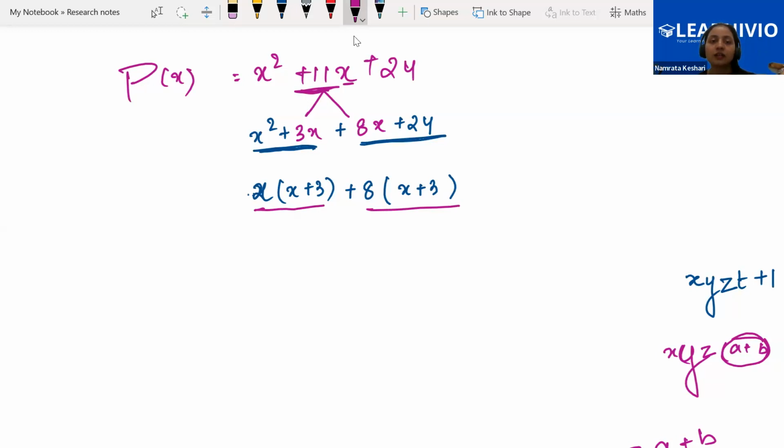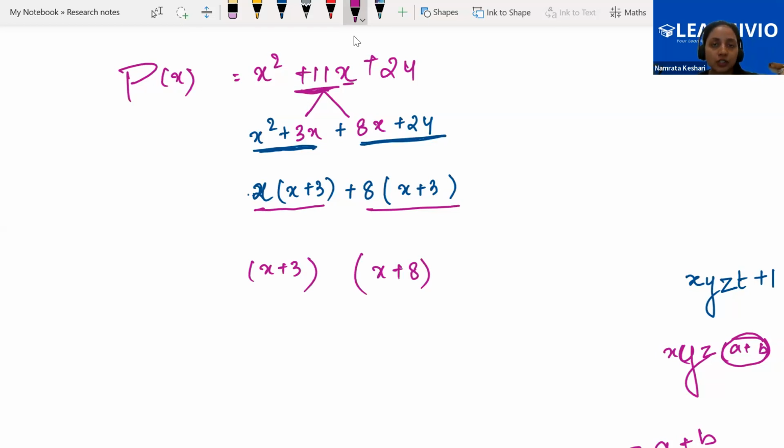Yes, ma'am. Now, can you tell me what common factor can be taken from these two terms? X plus 3 is exactly the same. X plus 3 we can take out as a common term and the remaining will be x plus 8. And this is our factorized form.